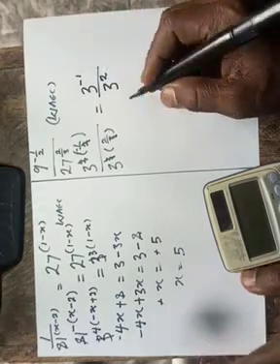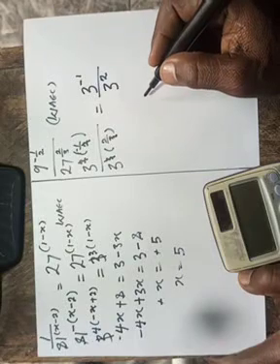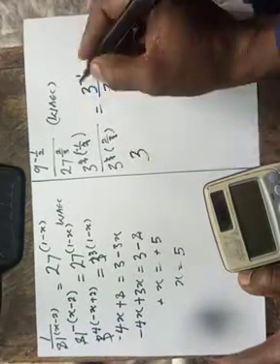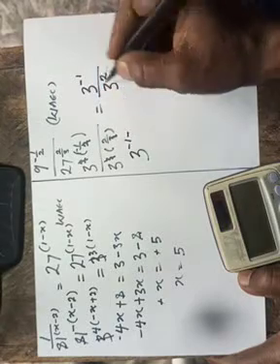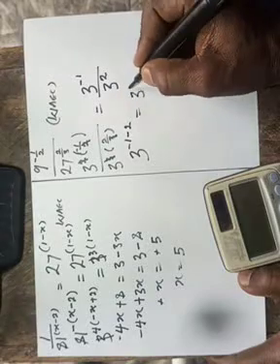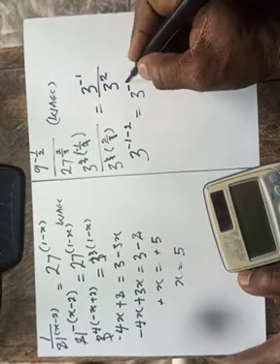If you have this in law of indices, what do we do? We pick one of the base and subtract the power. So one of the base, that's 3, then the power of the first one, that's minus 1, minus the power of the second one, 2, which will be equals to 3 raised to power minus 3.